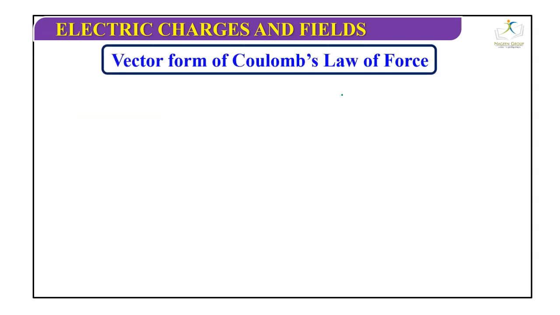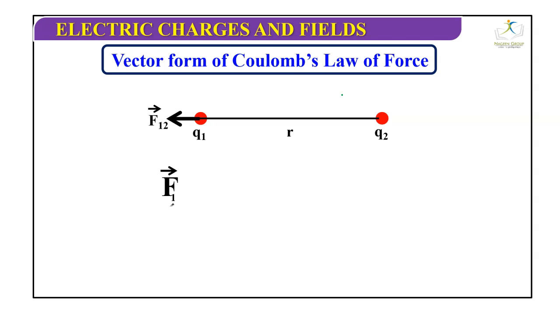If two charges q1 and q2 are located at a particular distance r, then because of q1, q2 applies some force on q1, so that is F12, the force applied by 2 on 1. This will be 1 by 4 pi epsilon naught q1 q2 by r square.